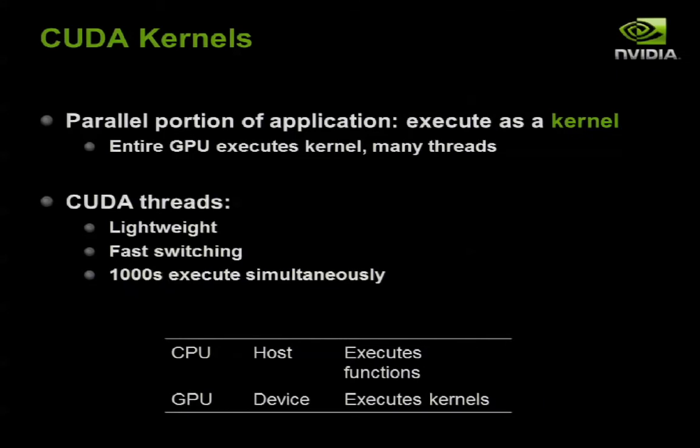Again, just for the terminology, we talk about the CPU or the host, and the host executes functions. And we talk about the GPU or the device, and the device executes kernels. So depending on what you're listening to, when we talk about the kernel, it's something that executes on the GPU.